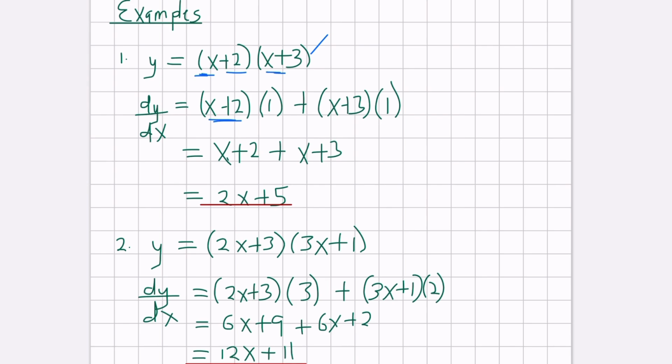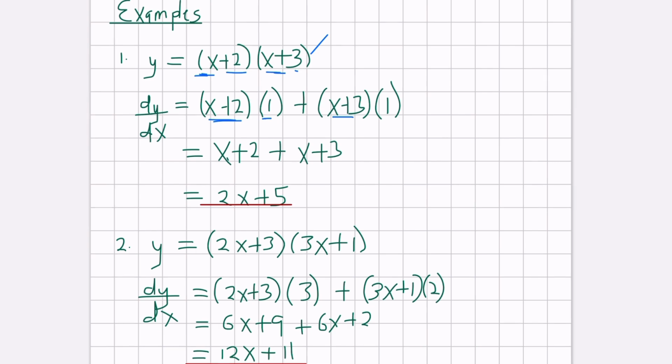So when you differentiate x plus 3, dy over dx of that, you're going to get 1. That is why we have multiplied here by 1. Make sure that you understand where the 1 is coming from. Then you keep the second function as a constant, which is x plus 3, as it is in the question.